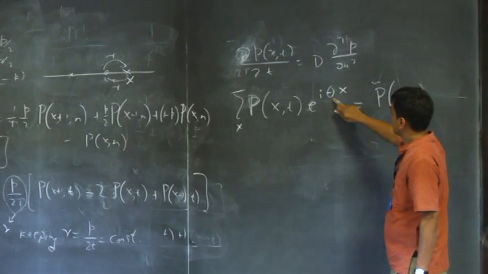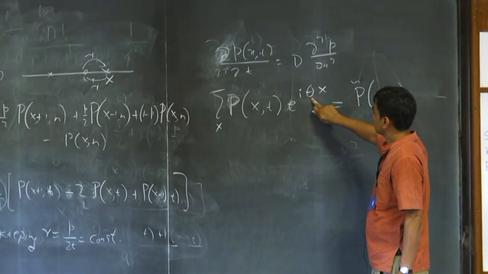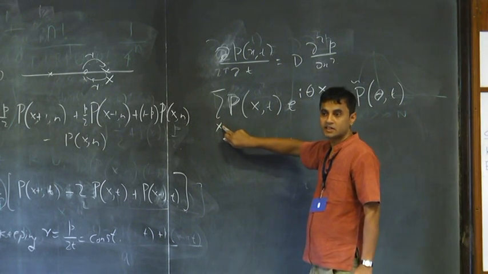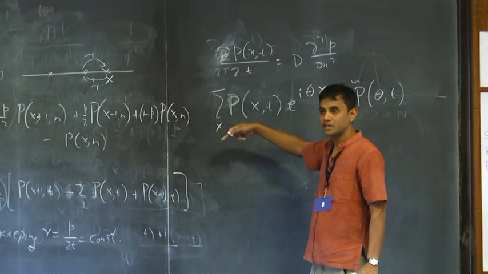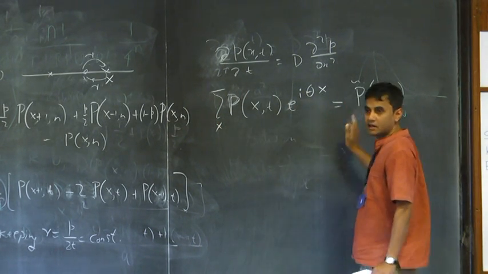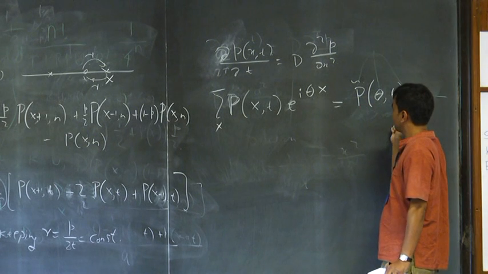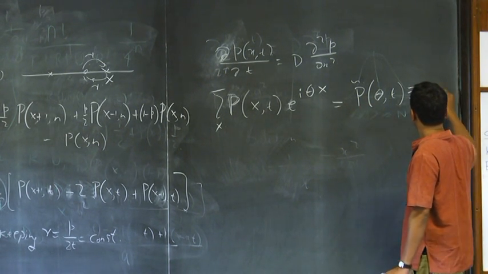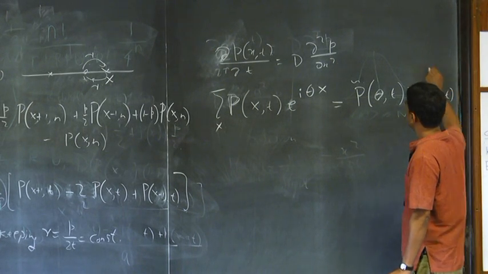Since x is discrete, instead of doing an integral, I am just doing a summation over all x, and this is basically like a Fourier series, right? And I am defining this object, which is p tilde of theta, t, equivalent to p of k, t for this process.